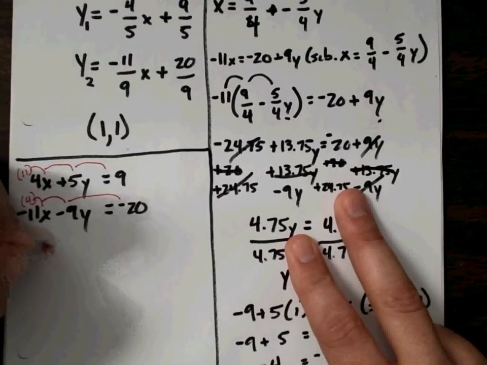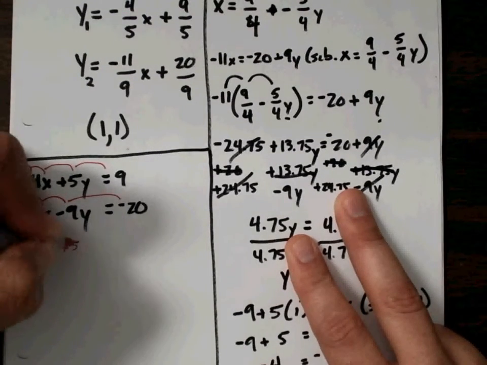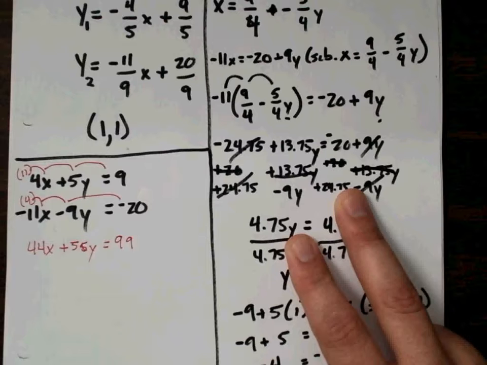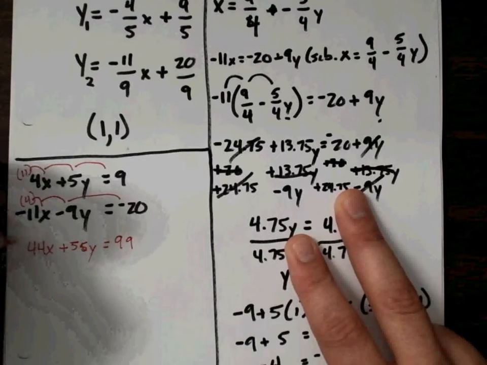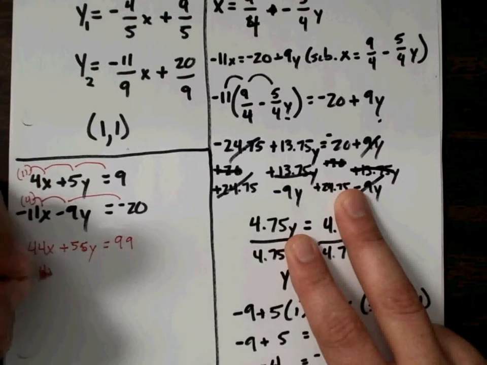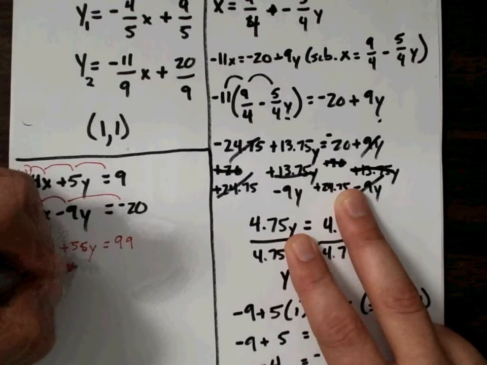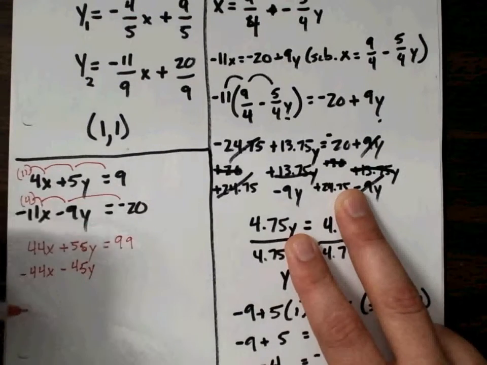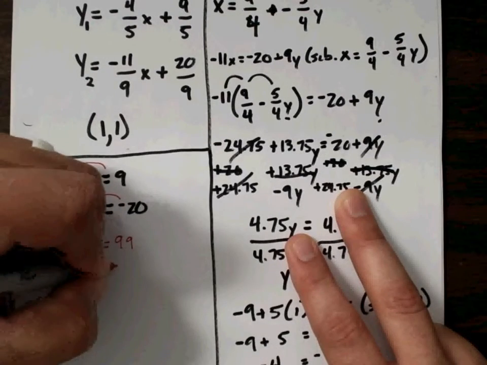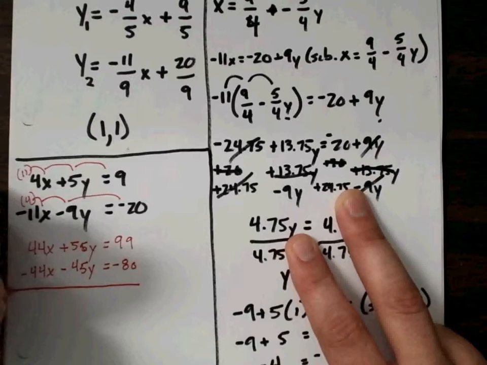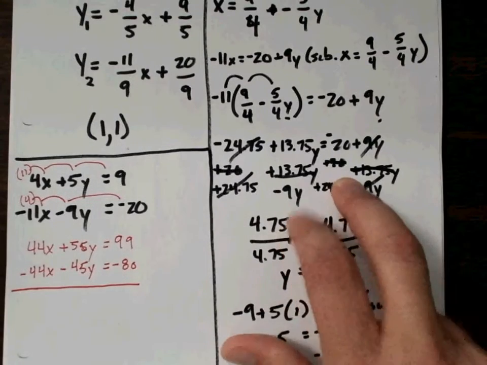So my new equations are going to be 44x plus 55y equals 99. Right? Then I'm going to have negative 44x, which you can see that's where my elimination is going to happen, minus 45y, negative 80 for my solution.